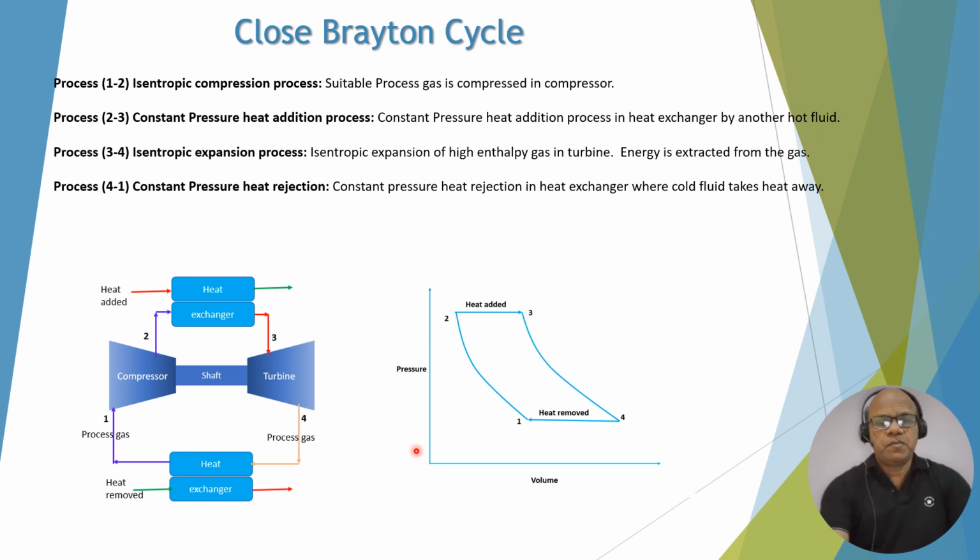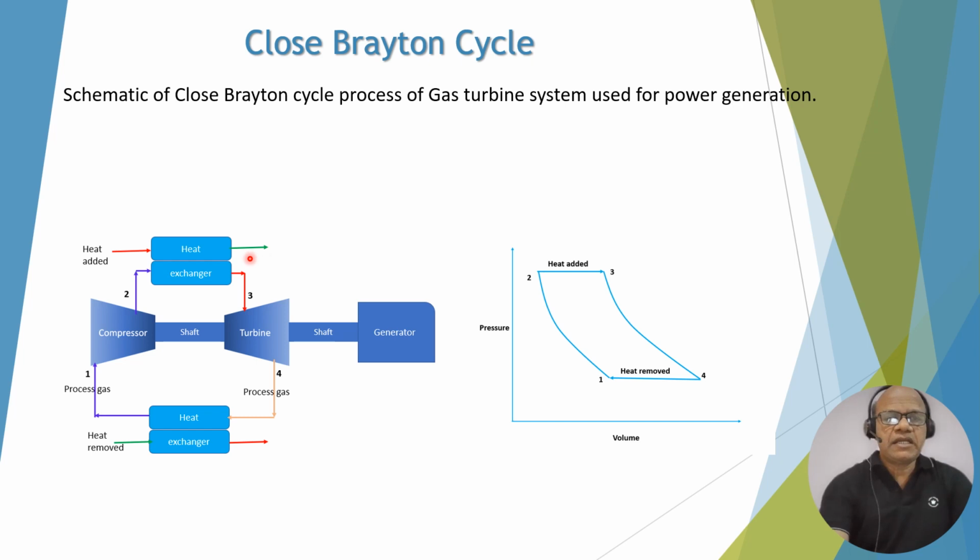You can see in the PV diagram also, process 1 and 2 is compression, process 2 and 3 is heat addition, then process 3 and 4 is expansion, and process 4 and 1 is the heat rejection process. So this is a closed Brayton cycle. The same thing is also shown on the power generation process. You can see the turbine is connected to generator and the process has the same PV diagram.